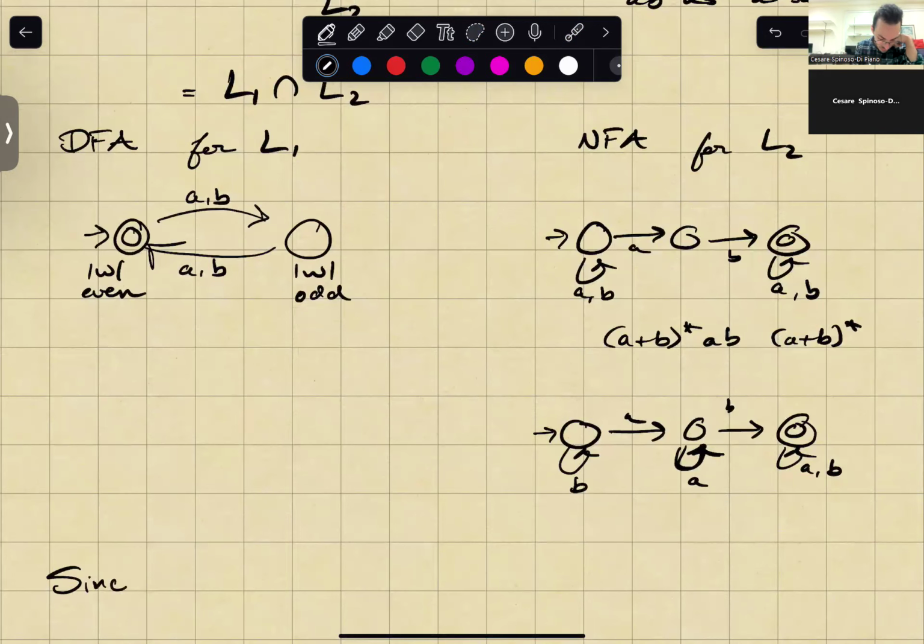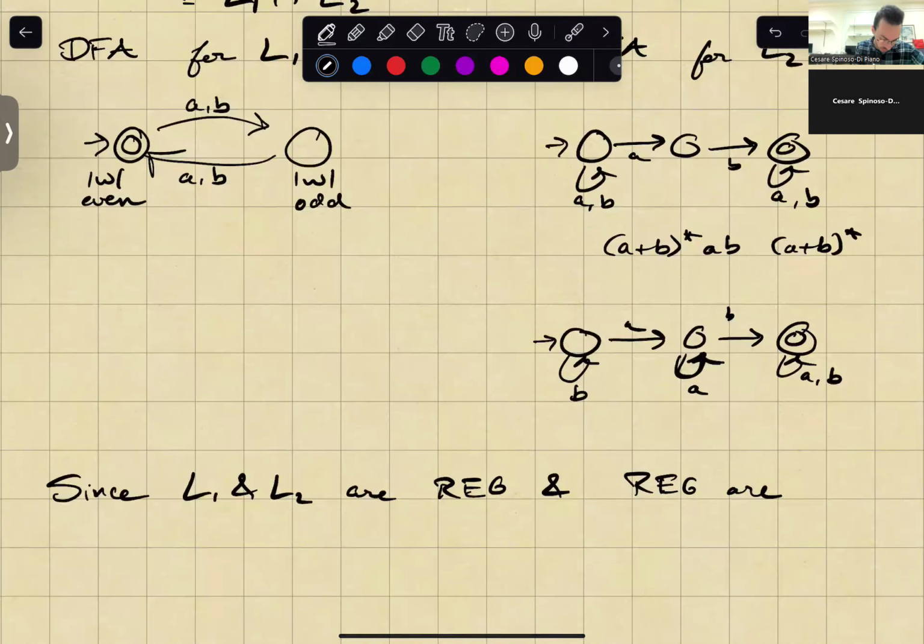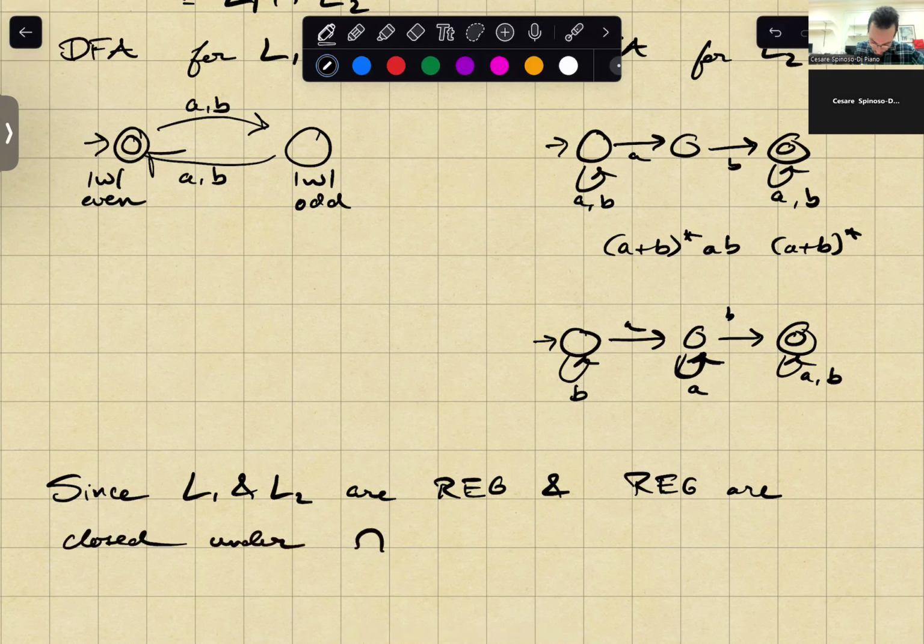So since L1 and L2 are regular, and regular languages are closed, so by reg, I just mean the family of regular languages are closed under intersection and complement, this implies, and of course L is equal to L1 intersect L2 complement, and therefore we have that L is regular.